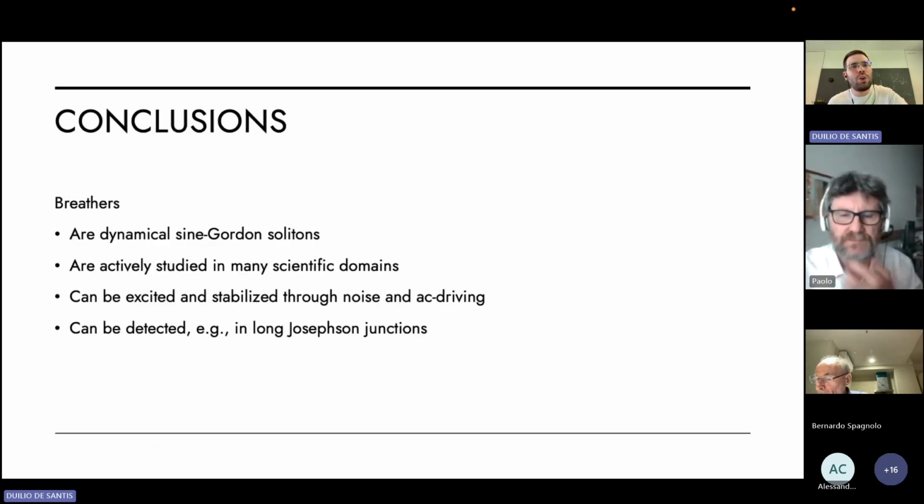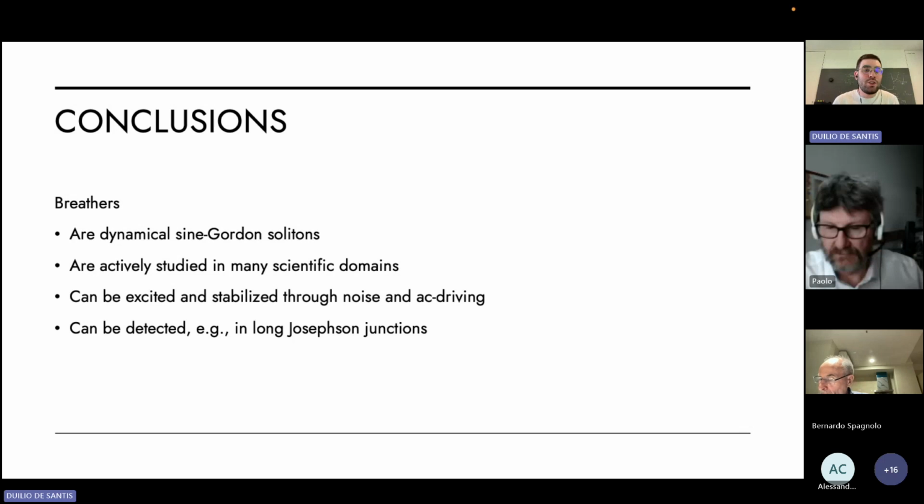So, to conclude, I've discussed these sine-Gordon breather modes, which are also referred to as dynamical solitons because of their internal oscillations. We have seen that these modes are widespread within natural systems. They are studied in many different areas, and we are proposing a way of exciting them in Josephson junctions in a controlled way, by taking advantage of an alternating drive and thermal noise.